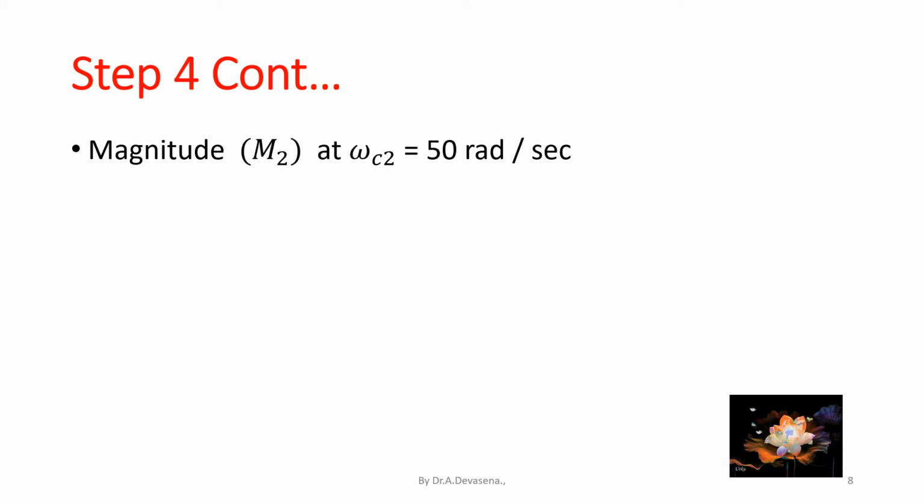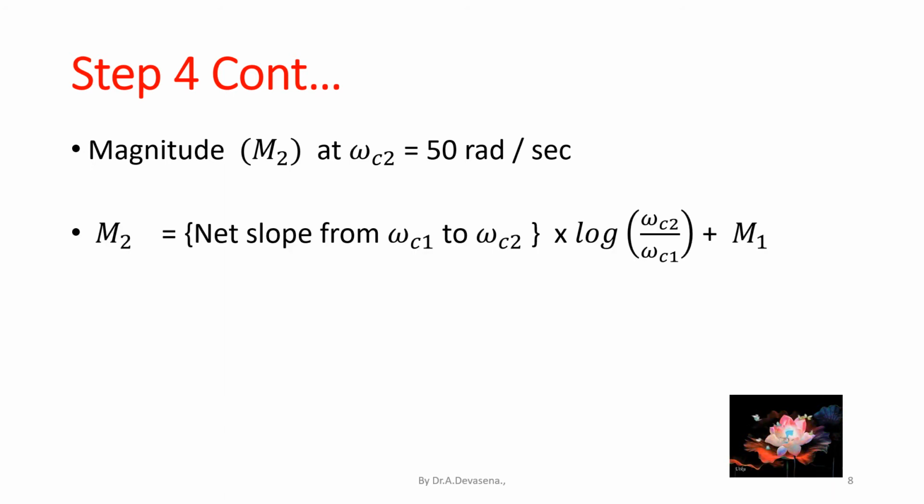Magnitude m suffix 2 at omega c2 is equal to 50 radians per second. The formula for calculating the magnitude m suffix 2 is net slope from omega suffix c1 to omega suffix c2 into log of omega c2 divided by omega c1 plus magnitude m1.